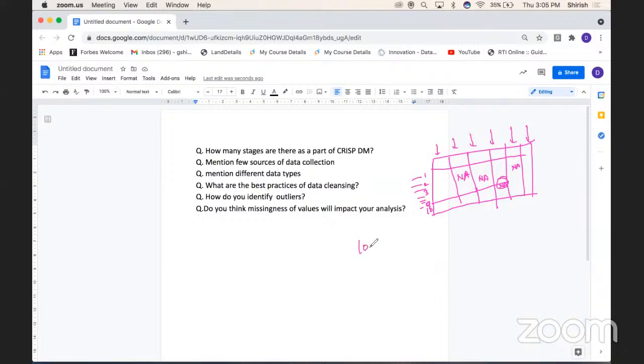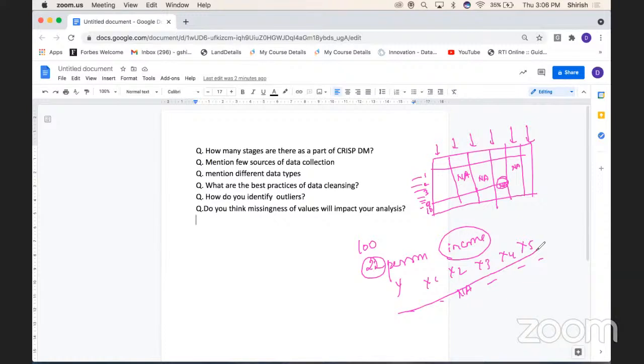Suppose you have 100 data points, and for person 22 only one column, the income column, is not available. So you have Y, X1, X2, X3, X4 and X5. Now this is NA. All other values are there. What will happen here? It would delete the entire information about that particular person, number 22.